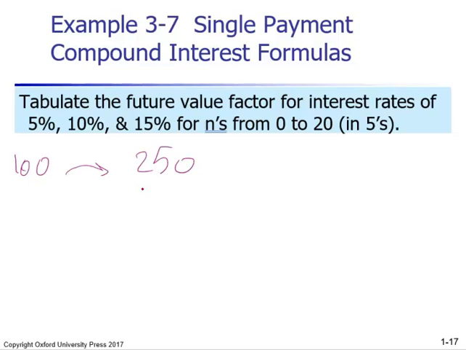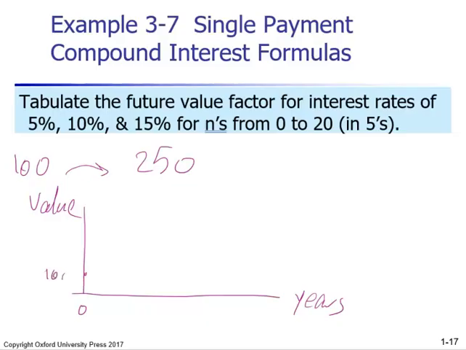Okay, so if I want to visualize what it wants to show you, it wants to show how the rate of increase or growth in your money would look. So if we get to this visualization and we put years here and money or value here, you will start from $100.